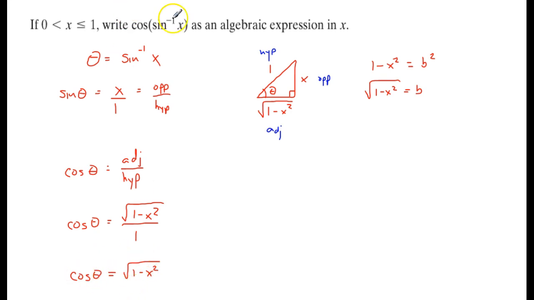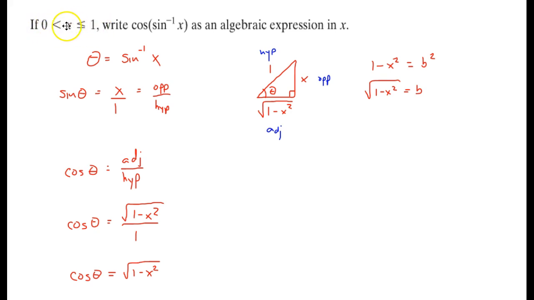Alright, so if we had any number in here between 0 and 1, like a half, this would be the square root of 1 minus 1/2 squared. We would just plug it in and that would be what the cosine would be. Now, the only difference here is if this had been negative.